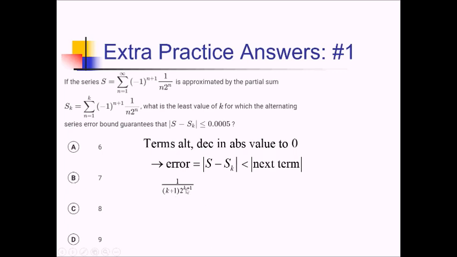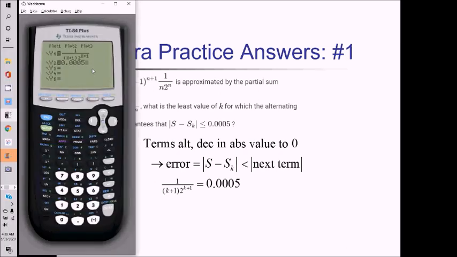This is our next term if we already have the first k terms guaranteed by this partial sum. So we want this next term to be no greater than 0.0005. Let's figure out where this equals 0.0005 on a graphing calculator.